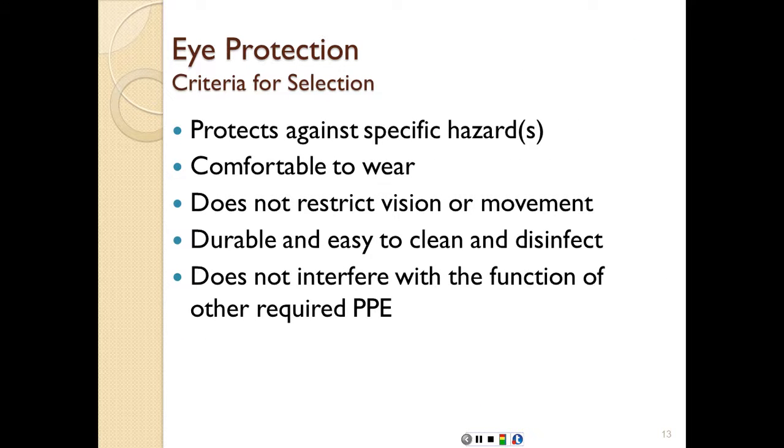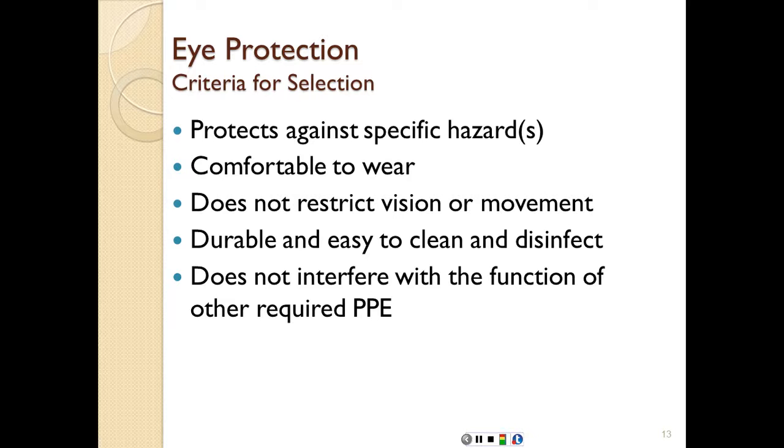The criteria for selection include what hazards it is going to protect against, because again of the specificity of these different PPEs. So: protect against specific hazards; comfortable to wear, because if it's going to cause some irritation or discomfort in wearing, people are going to tend to remove it when working, and that defeats the whole process; does not restrict vision or movement, so it's going to allow for front vision and lateral vision as well; durable and easy to clean and disinfect, that's the job of the employee who's going to maintain that PPE; and does not interfere with the function of other required PPE.